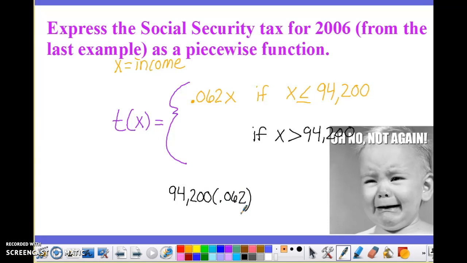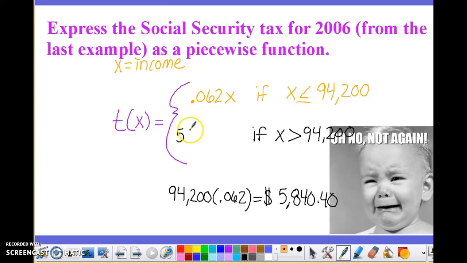When I multiply those two things together, the most I can pay based on that cap in Social Security taxes is $5,840.40. So that's going to be my second piece of my piecewise function.